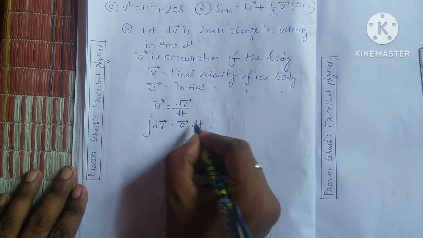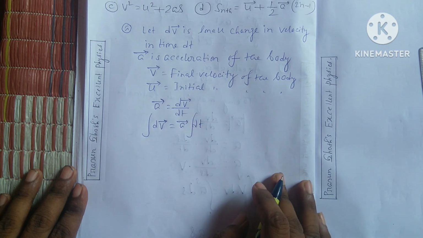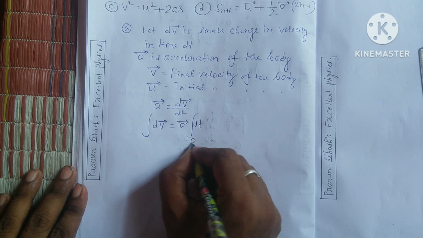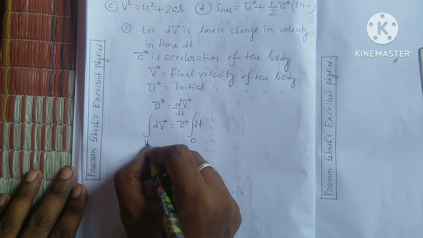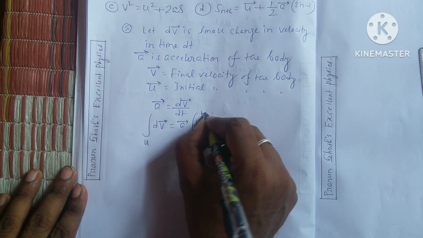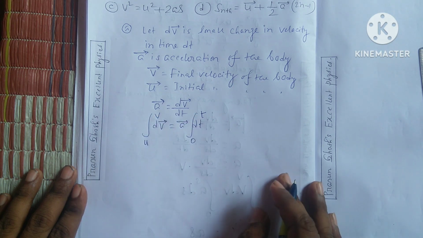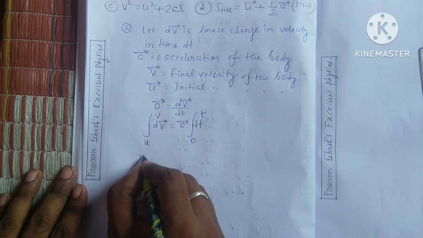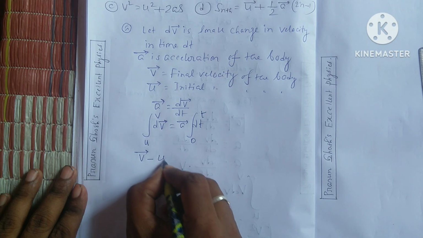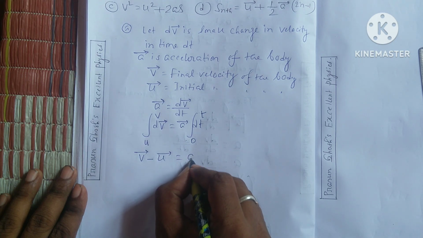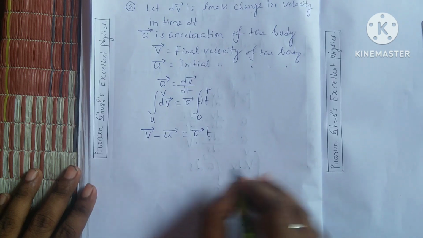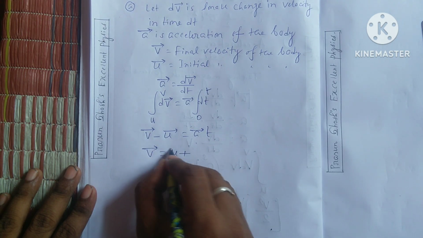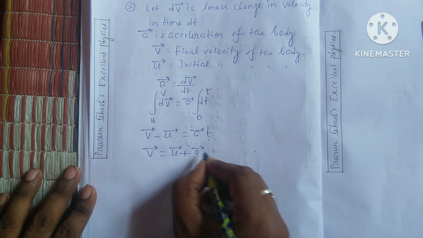Now integrating on both sides, at time 0 the velocity is u, at time t the velocity is v. So we can write v minus u equals at. So we can write v equals u plus at.